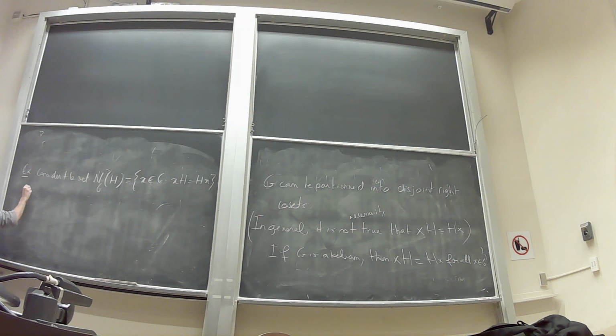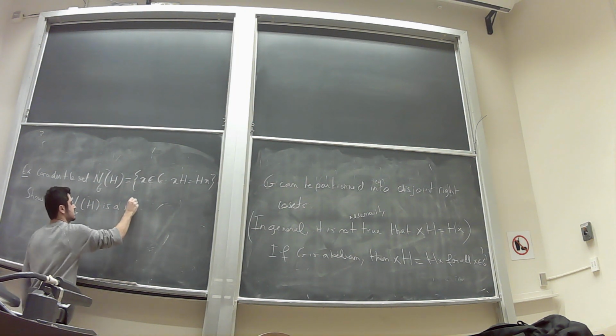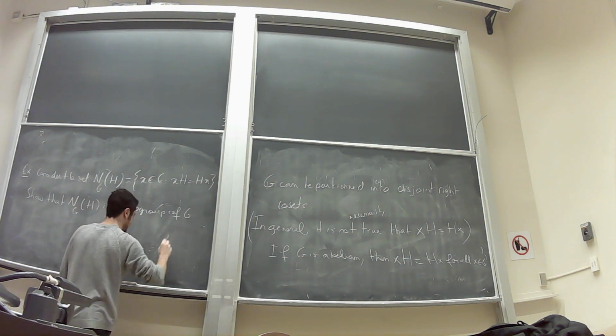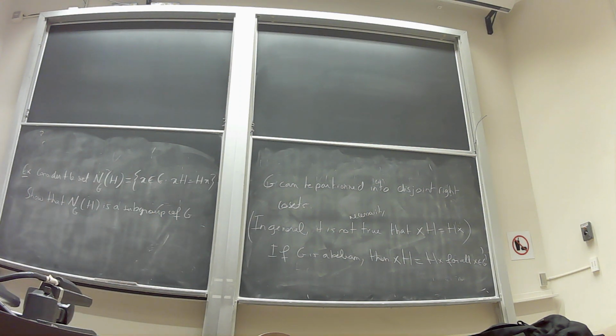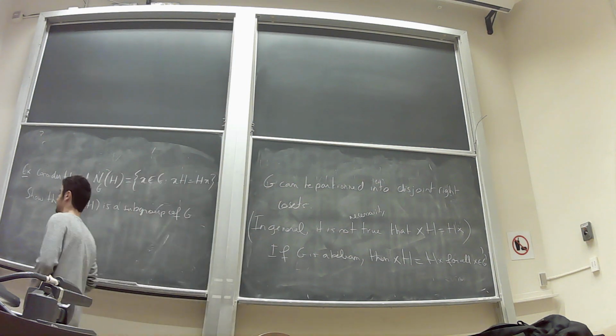Show that N_G(H) is a subgroup of G. Okay? It's an exercise. Now I'll write down some comments, some relations between right and left cosets.